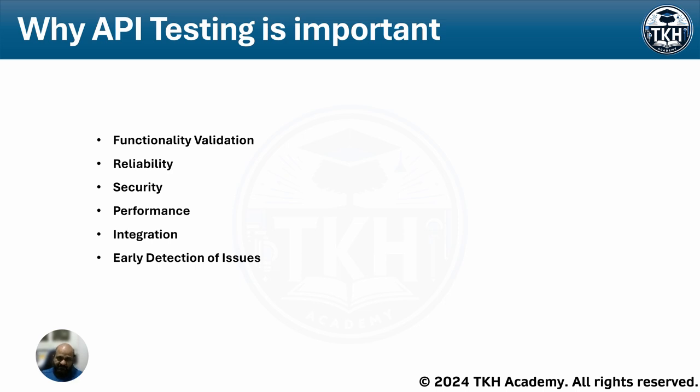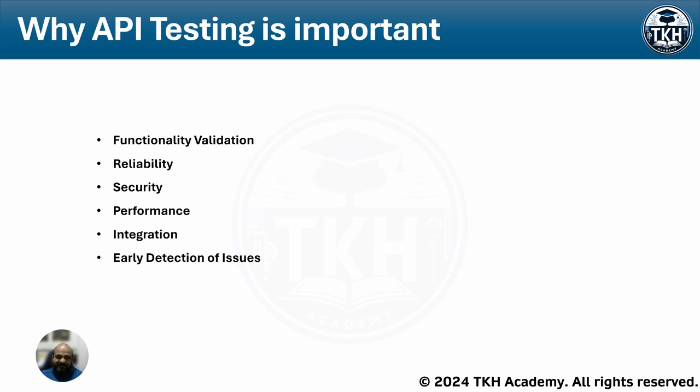And so there are major areas that we cover when we test an API. One is functionality validation. Essentially, the UI is just sending data, receiving data, parsing it, and rendering it to the user. But where the actual magic is happening is behind the scenes.